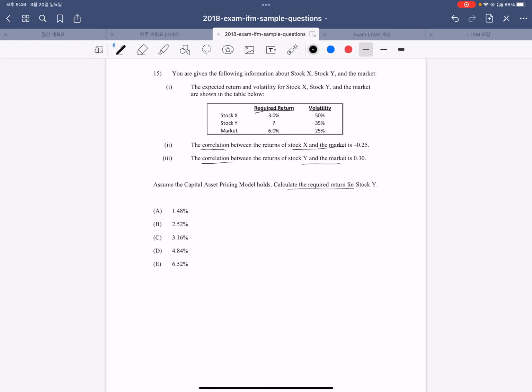Okay, so assuming the capital asset pricing model holds, the required return for Y equals risk-free rate plus beta of Y times (expected return of the market minus risk-free rate).